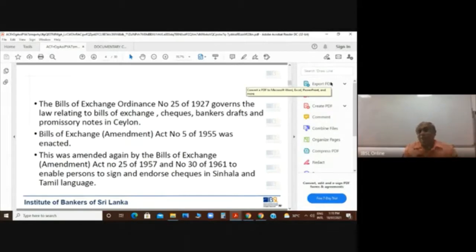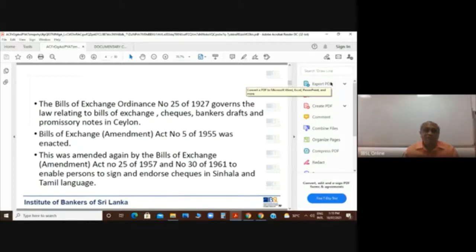And this particular Bill of Exchange ordinance, which was under the 1882 UK ordinance, was first introduced as number 25 of 1927, right?